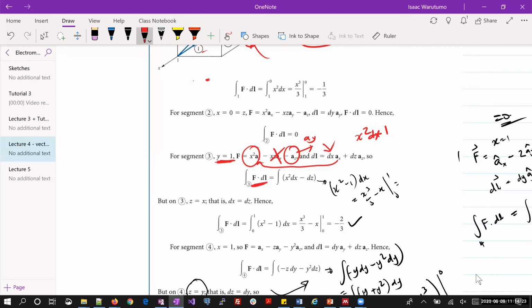So x squared becomes dx, then minus this one, 1 dz. Just to be sure that I don't confuse you further, we have done the dot product. The dot product gives you x squared dx where there was ax, and minus 1 dz where there was the az.